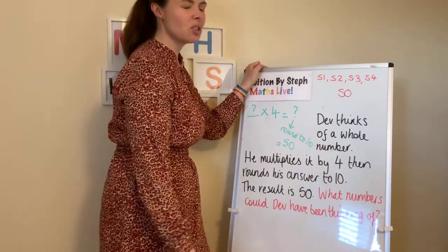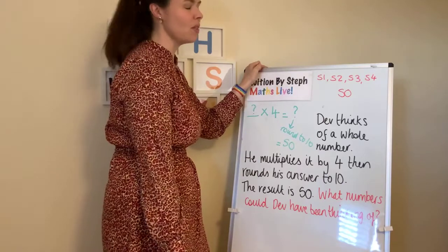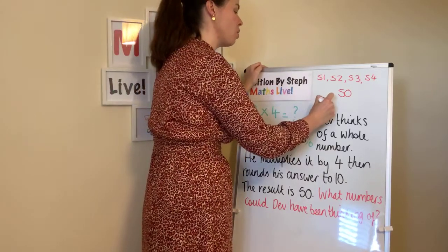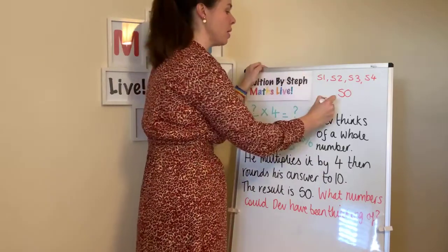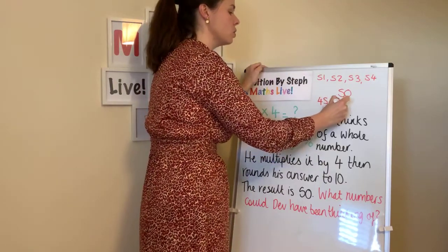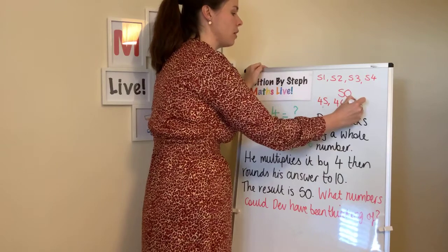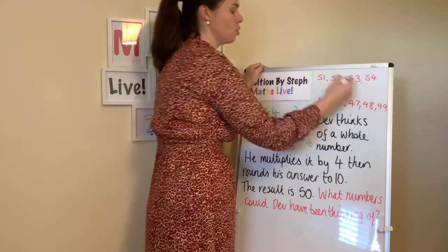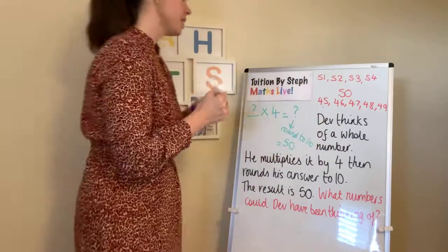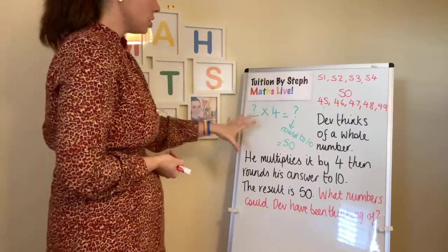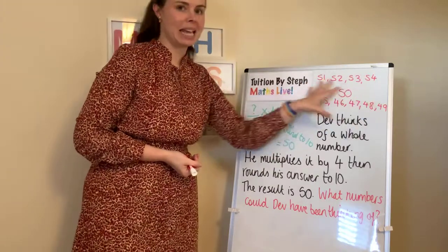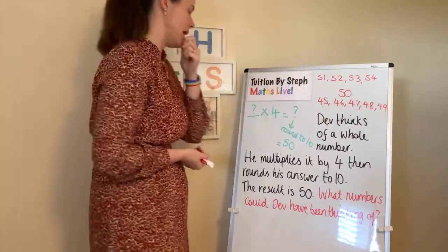Are those the only numbers that round to 50? No, you have to go back. You've also got the ones in the 40s that round up: 45, 46, 47, 48, 49, and of course you've got 50 itself. So here they all are. This is the possibility at the moment of which ones they could be.